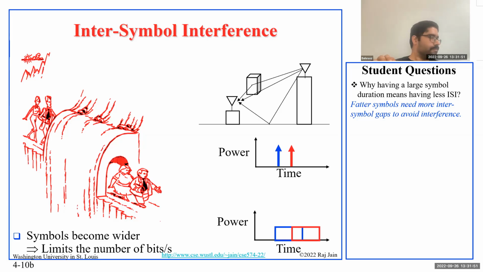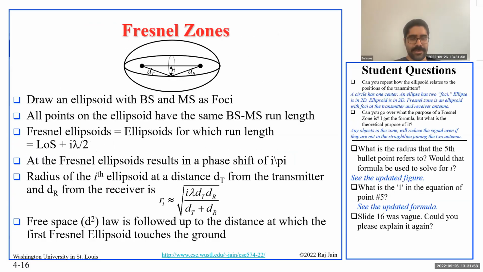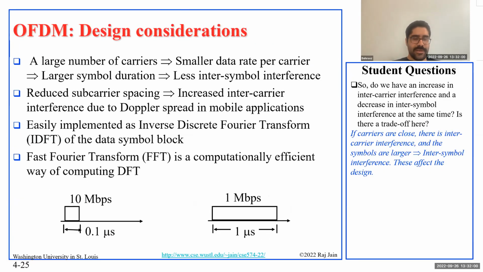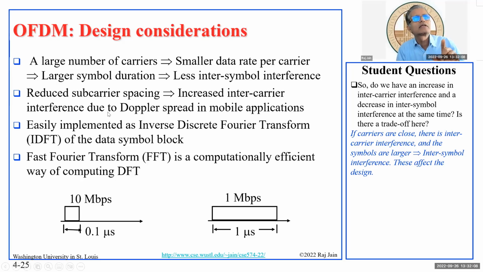Yeah, that's for slide 25. Let me read this slide because I wasn't sure where this one was. A large number of carriers, a smaller data rate, larger symbol duration, less inter-symbol interference.